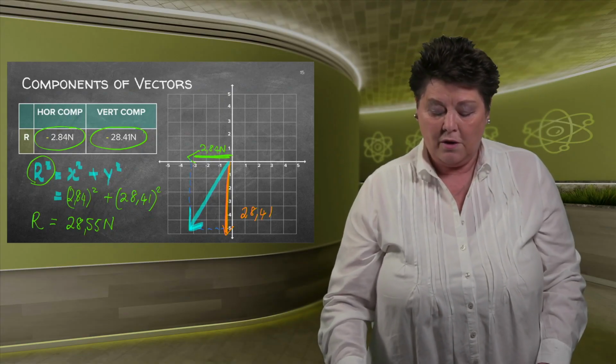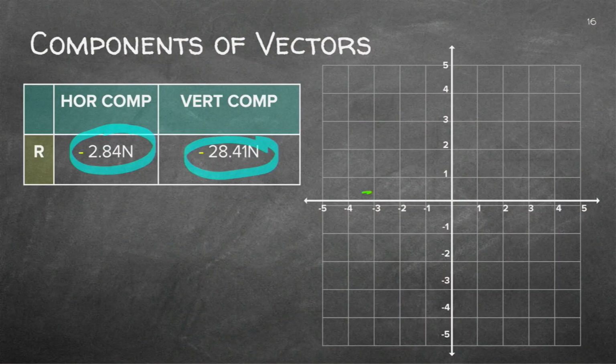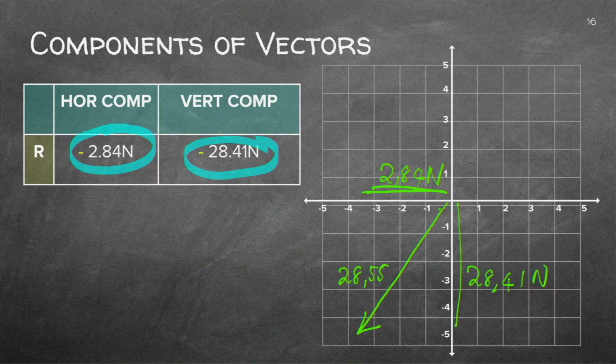Now, we've got 3 sides. We've got that side as 2.84. We've got this side as 28.41, and now we calculated as well the hypotenuse, which is 28.55, and all of these are Newton.